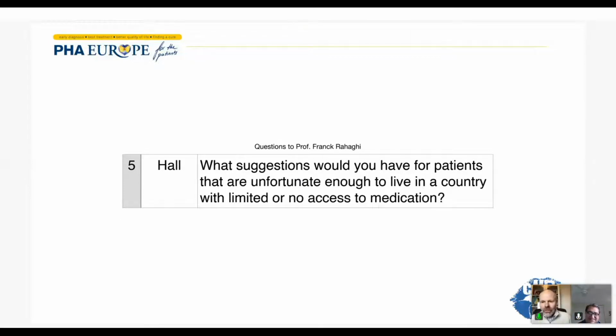What suggestions would you have for patients that are unfortunate enough to live in a country with limited or no access to medication? I have no good answer for that, unfortunately. I wish the world was a better place. I don't know. I can tell you, my mother moved us from Iran to United States partly because she wanted our father to get a heart transplant, and he did get a heart transplant.